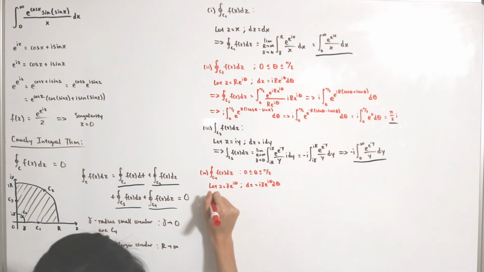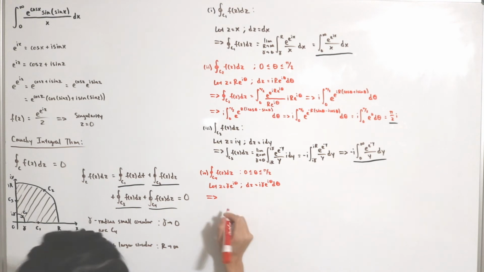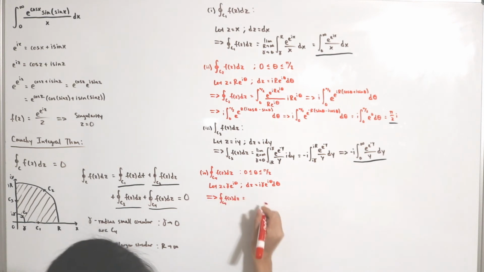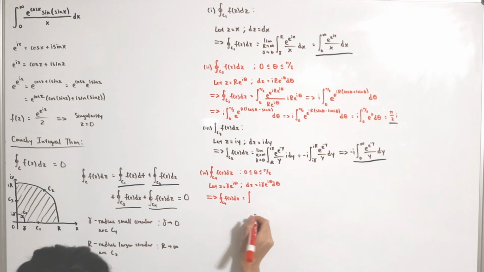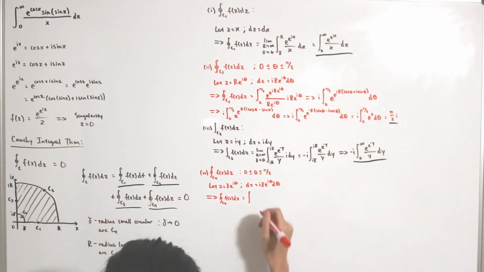Okay, and now I'll just write the rest. So that means the integral over C4 of f of z dz is equal to, okay, so now the curve we're dealing with is from i gamma to gamma, so that means pi over 2 is going to be our lower bound and then 0 is going to be our upper bound.